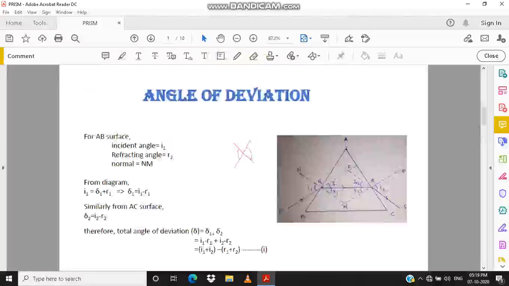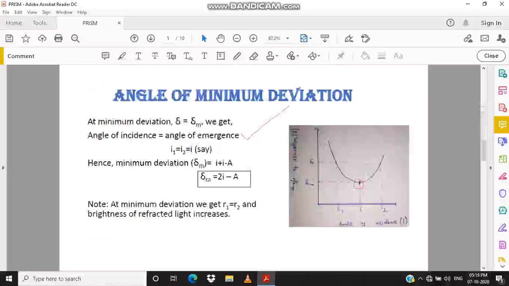If the incident angle and the emergent angle are the same, then the refracted angles R1 and R2 will also be the same. So this is another condition: at minimum deviation, we get R1 equals R2.